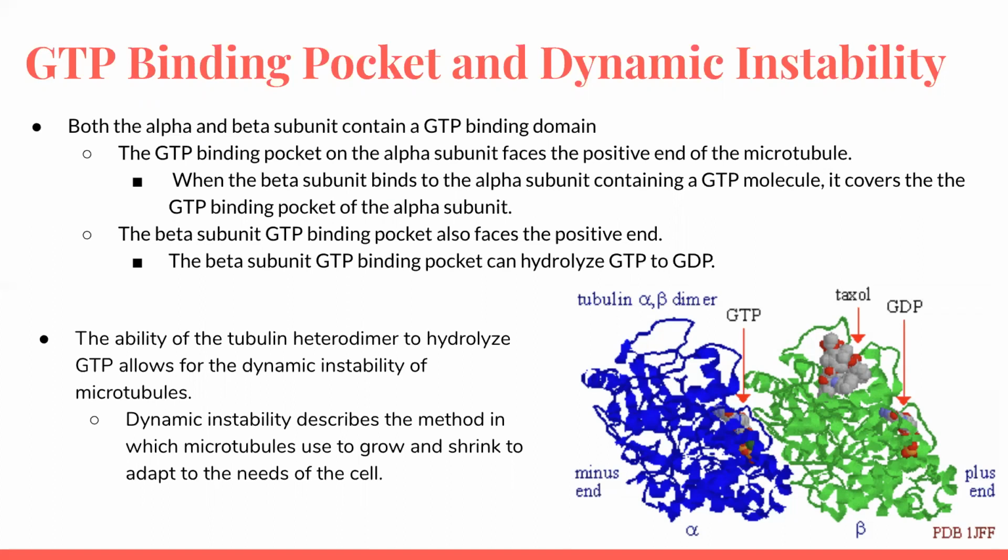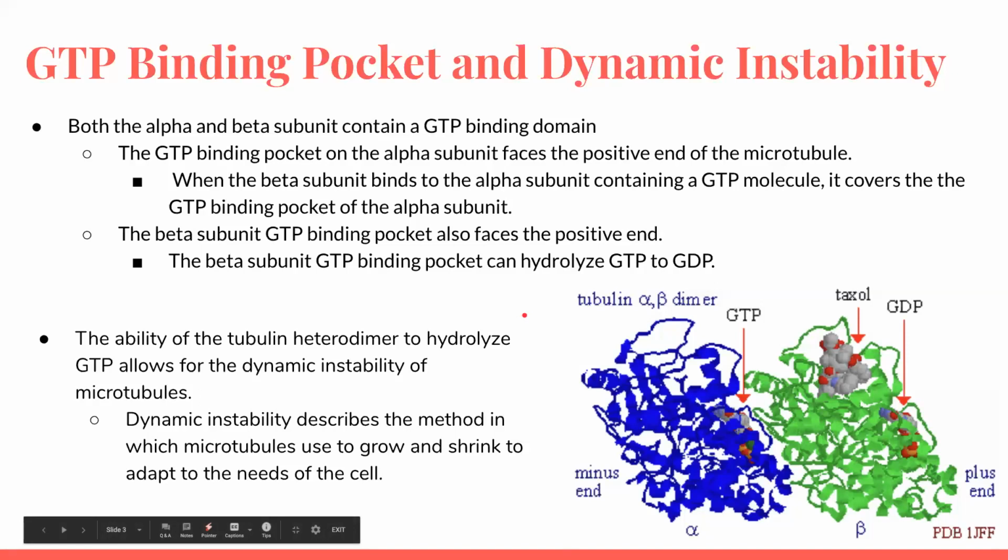Dynamic instability describes the method microtubules use to grow and shrink to adapt to the needs of the cell. You need them both to grow and shrink. If you can't grow, then you're going to have a problem. We're going to talk about drugs that inhibit these processes and why they would need to inhibit them, but that's later on.